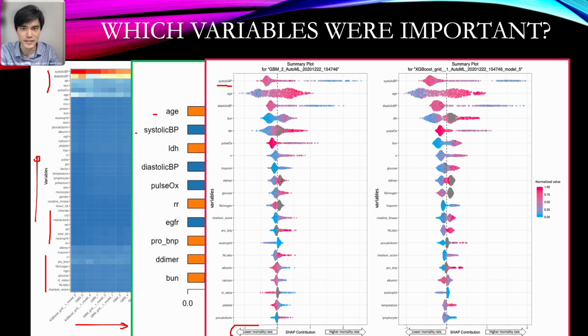Everything on this side of the dotted line is more likely to survive, and this side more likely to die. If we look at age, red means higher value, so older people were more likely to die. And this is just comparing two different models, the GBM model versus the XGBoost model.